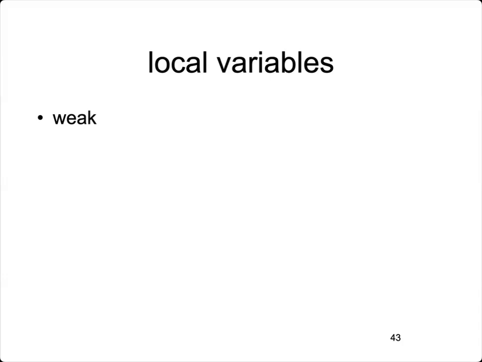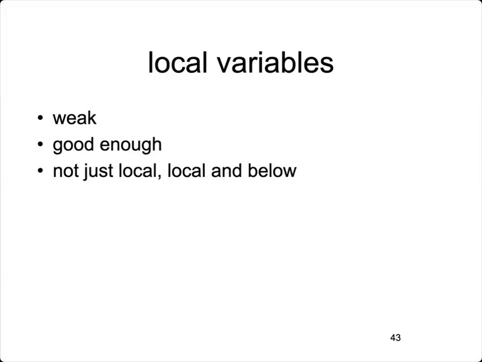In Bash, local variables are weak, but they are useful. What's curious about local variables in Bash is they're not local to the function. They're local in that function and below. So the other functions can see them.